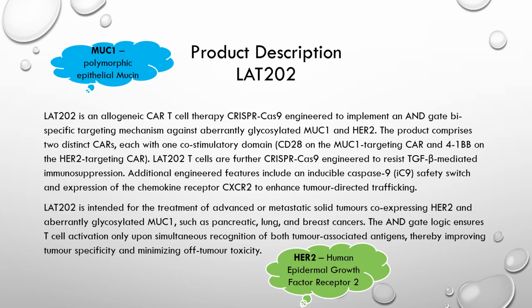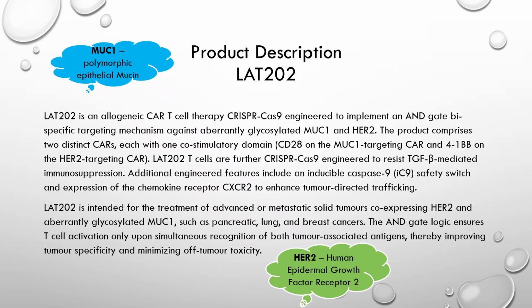This is the second product, and it is an off-the-shelf allogeneic product, LAT202. It is engineered by genome editing using the CRISPR-Cas9 system and has an AND gate bispecific targeting mechanism. The AND gate means it is bispecific, so there are 2 CARs, and they target different antigens.